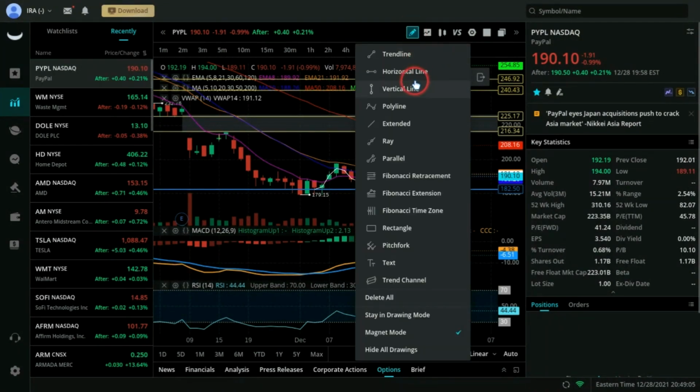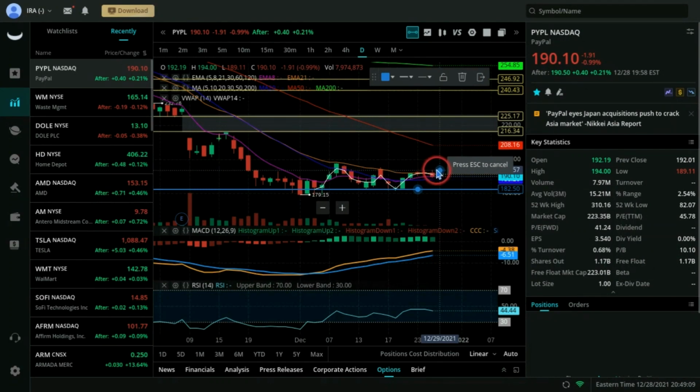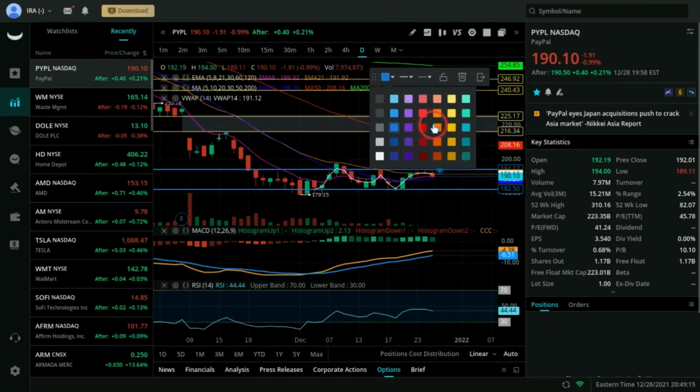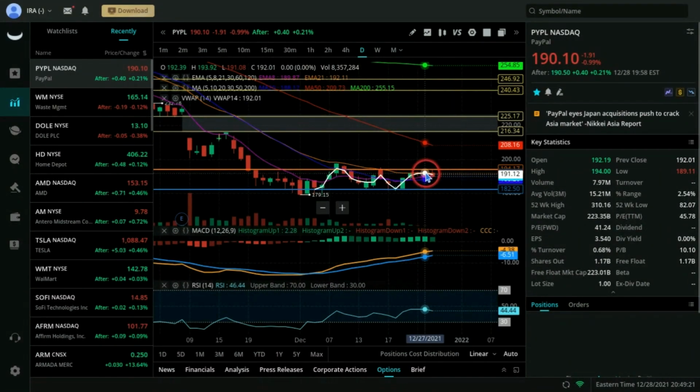Now we can find our resistance. Put the line at the top of the last trading day's candle. Resistance is orange. Make sure we got a good resistance. We got a good resistance zone right there. We got one right there.